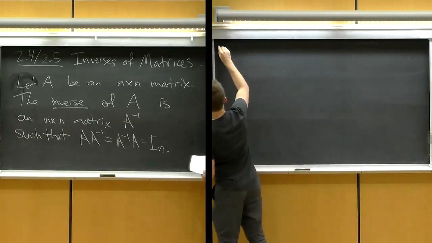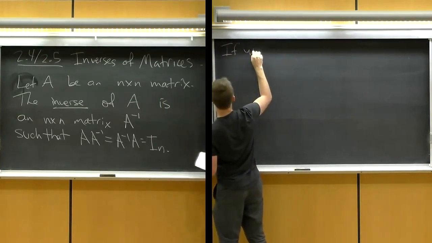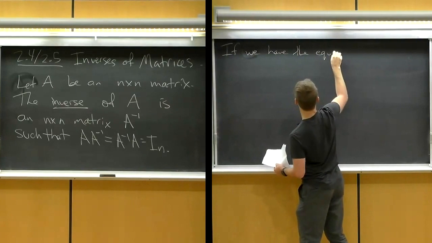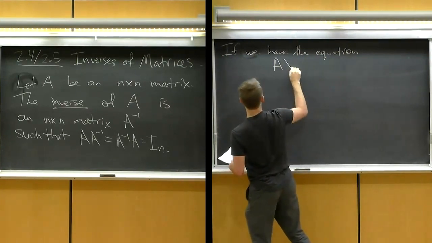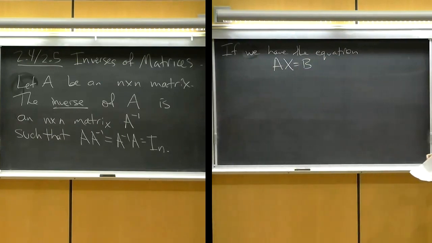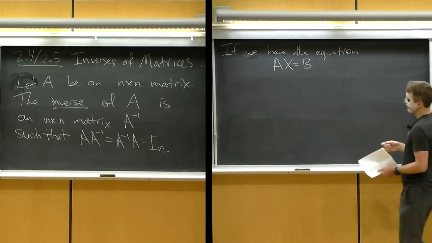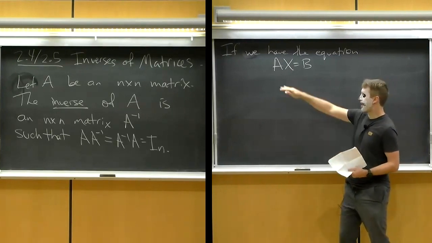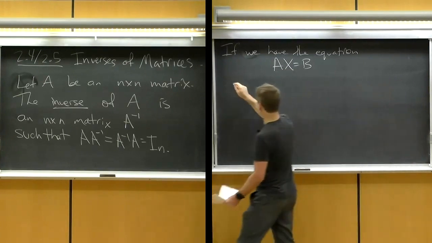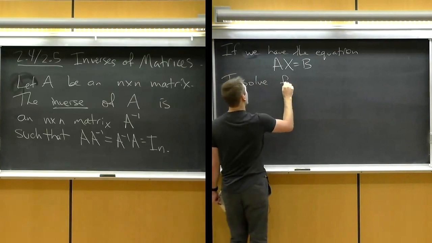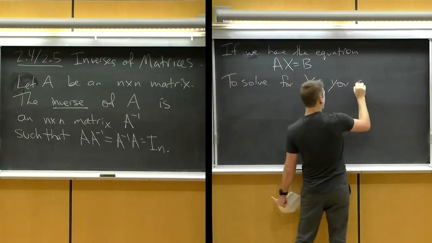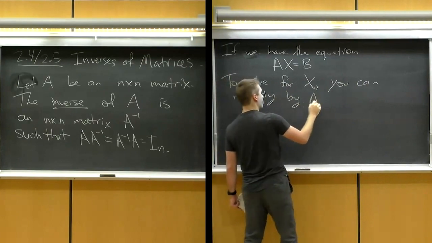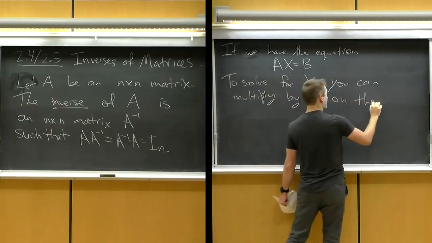So if we have the equation AX equals B for three matrices A, X and B, in some sense, multiplying by the inverse is going to do the same thing as dividing by A to solve for X. So to solve for X, you can multiply by A inverse, and I'll say on the left.